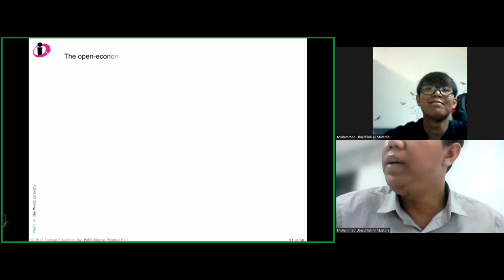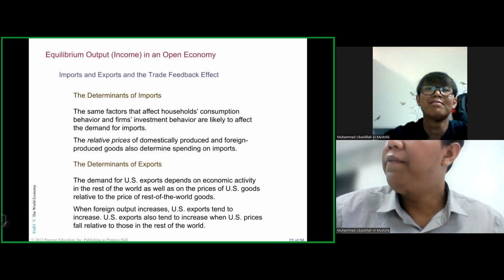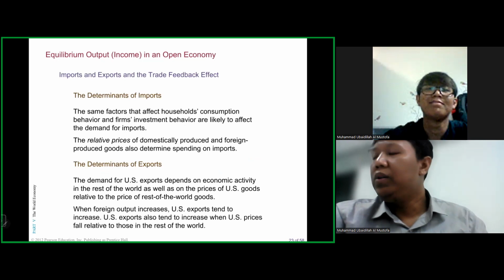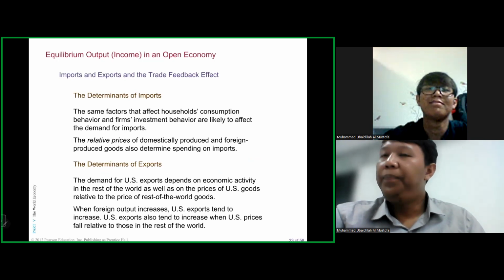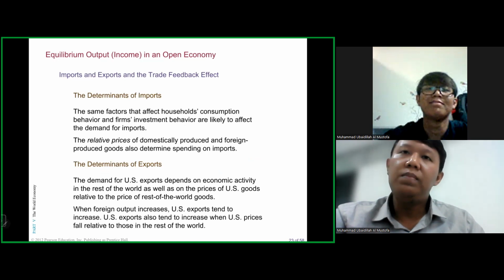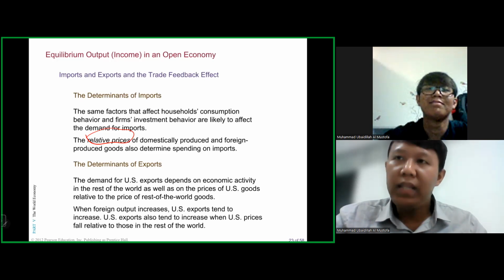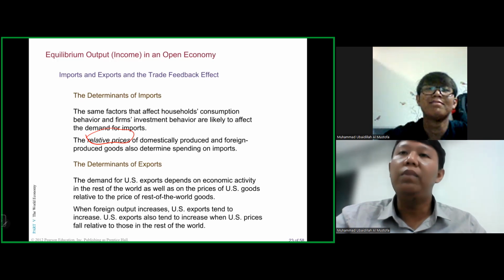Okay, so next we have the determinants of imports and exports. During the class we discussed that one of the important determinants of imports and exports is the relative price of our domestically produced product versus the foreign produced product.